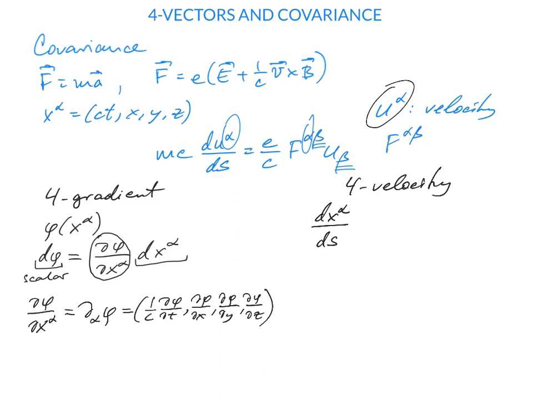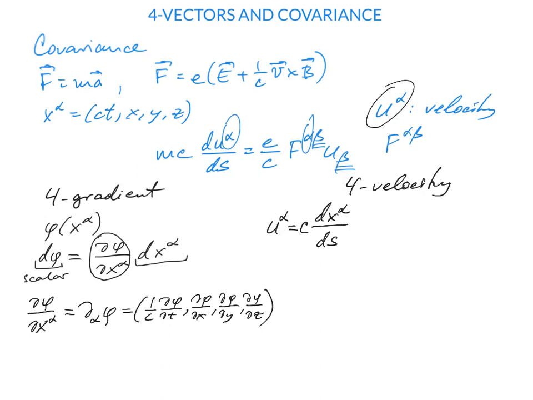So let's define u alpha as c times this quantity. ds has a dimension of length, so ds over c is proportional to d tau.